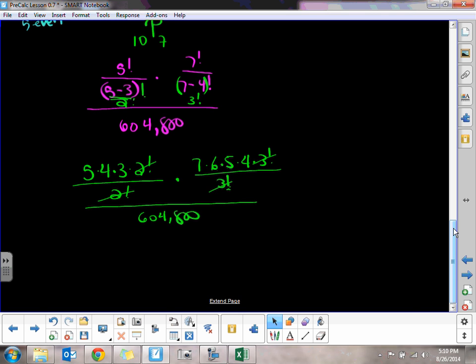That's 50,400. So 50,400 for multiplying the numbers on top over 604,800. It'd be nice to put that in lowest terms. In order to do that, I'm going to use my graphing calculator. I'm just going to take 50,400 divided by 604,800, and convert it back into a fraction.